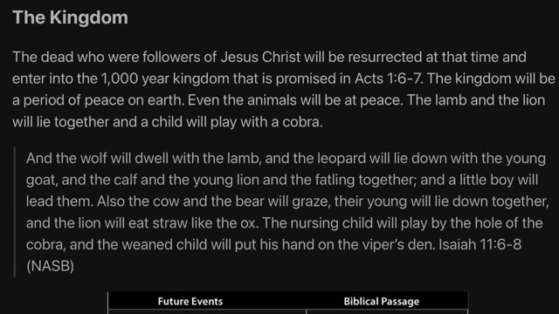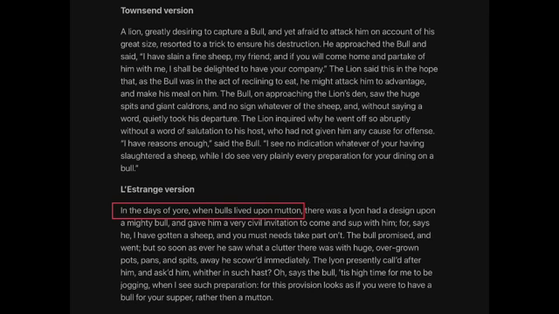I looked up a bull with a lion, and there is an ancient text, the only one that I could really find that referenced a bull with a lion, and that was from an Aesop fable.